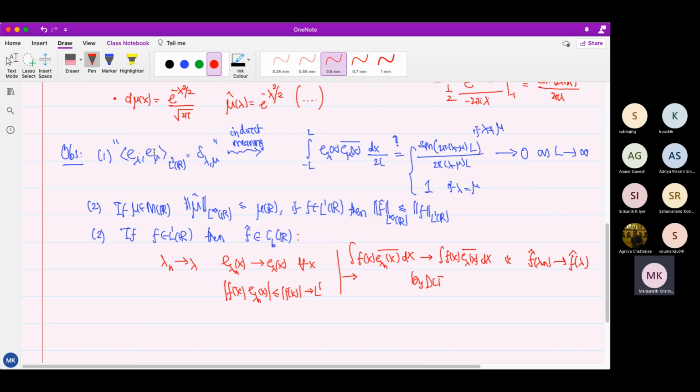If you can find a subclass of functions or measures or any objects, and you can also characterize the range of the Fourier transform on that, in what are all the Fourier transforms of this particular class of functions you have taken, such theorems are very nice. Many theorems are there of that kind, but L1 itself, although it's the most natural domain for the Fourier transform, you do not have any other simple characterization of the range of the Fourier transform.